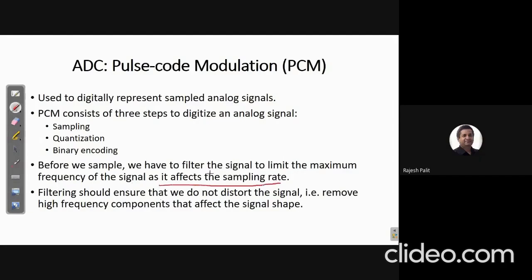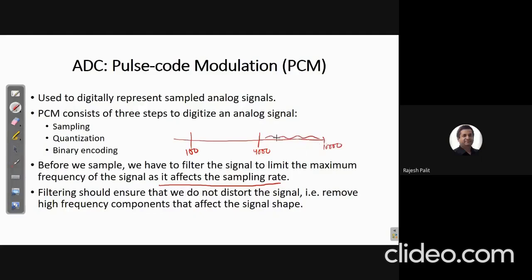What is that? Say I have a composite analog signal we are going to convert. Most of the components of the analog signal are within, say, 100 to 4000. A very small, insignificant portion is in the region up to, say, 10,000, but this is very insignificant.